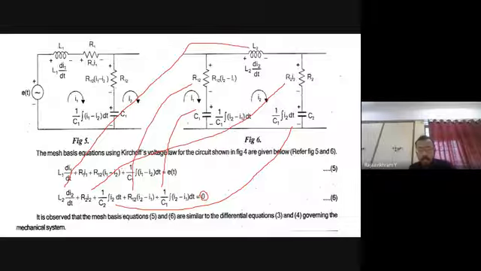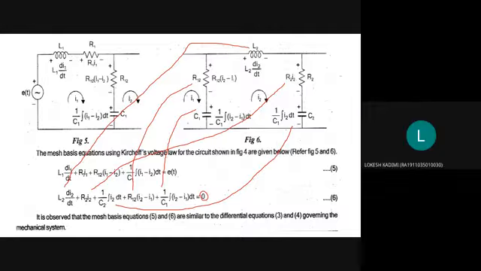These two equations are called the mesh equations, which are exactly equivalent to the differential equations 3 and 4. From the exam point of view, even if it is an MCQ question, we will give the circuit diagram and you have to write the mesh equation for it.